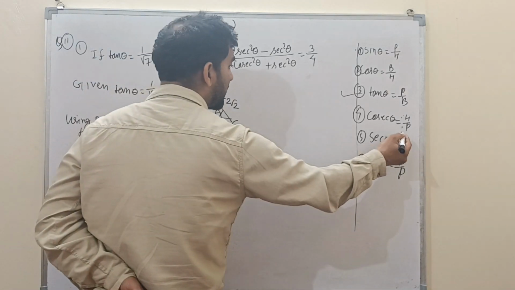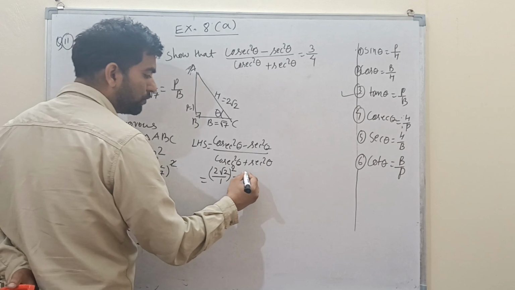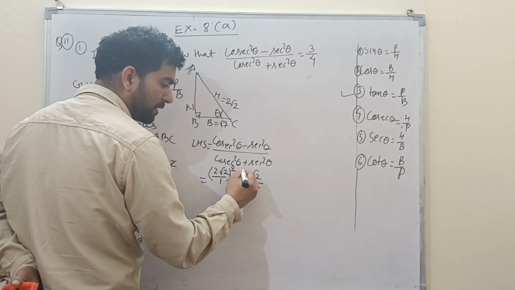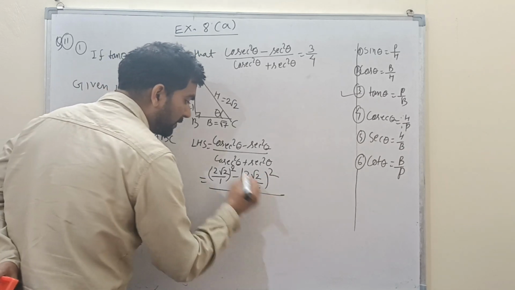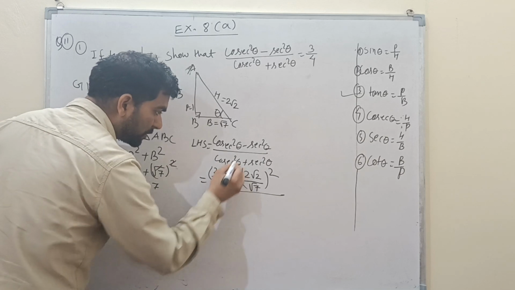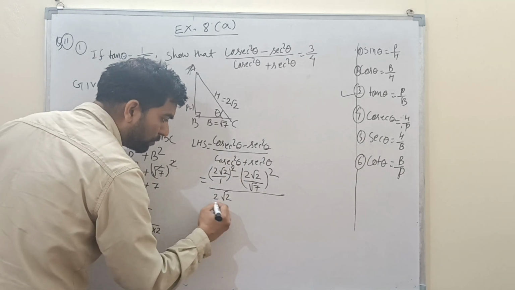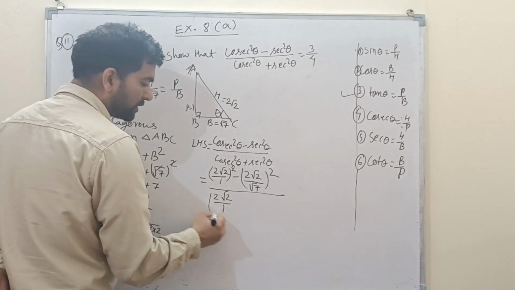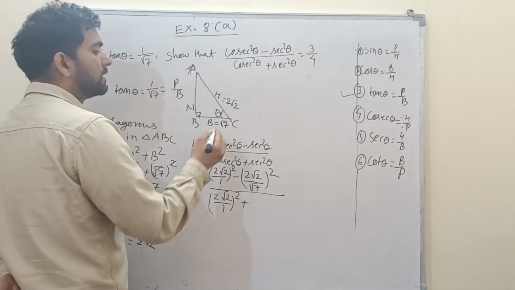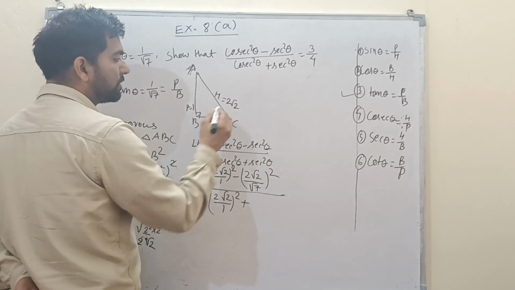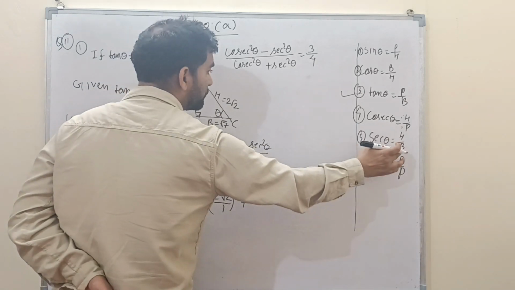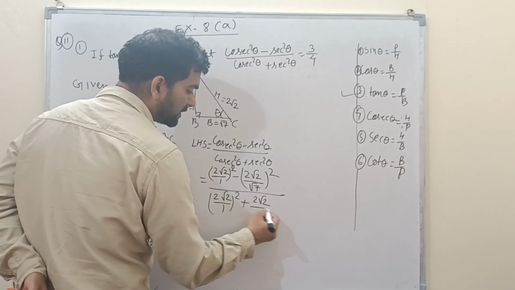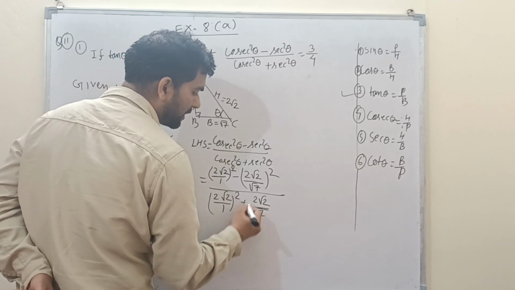Sec is hypotenuse by base, so hypotenuse again 2 root 2 by base, which is root 7, squared. The denominator is the same thing: cosec square, so 2 root 2 by 1 whole square, plus sec square, sec is hypotenuse by base, 2 root 2 by root 7 whole square.